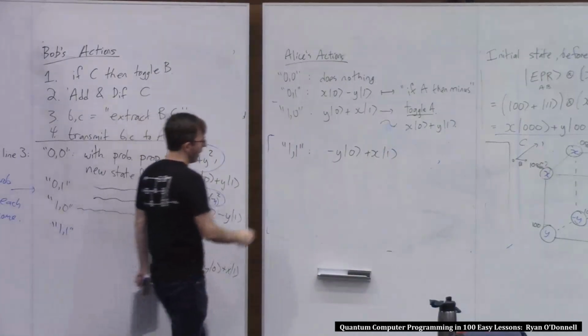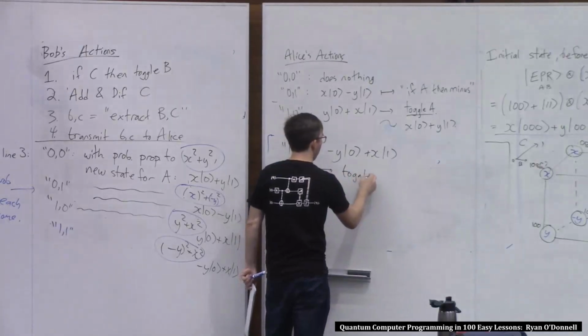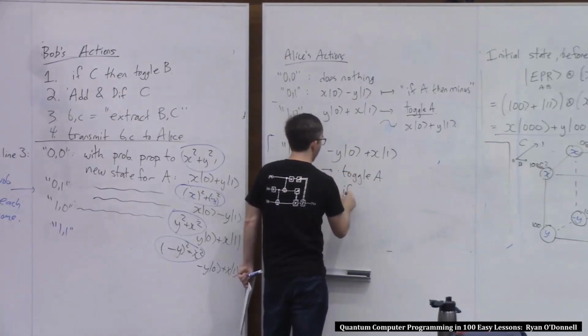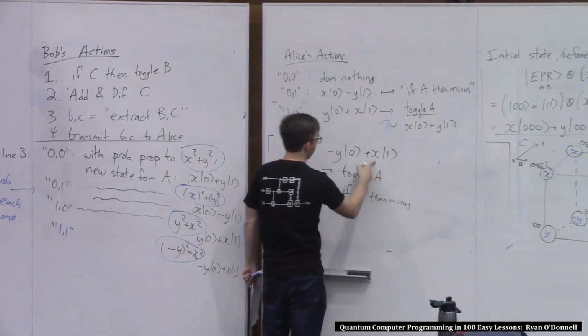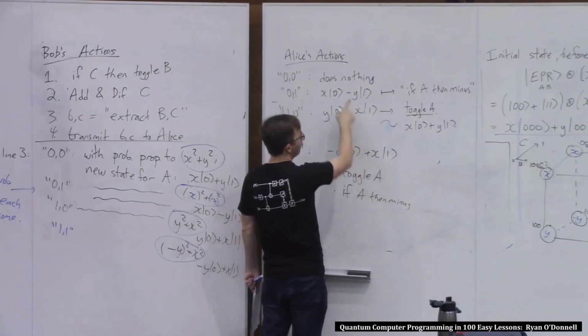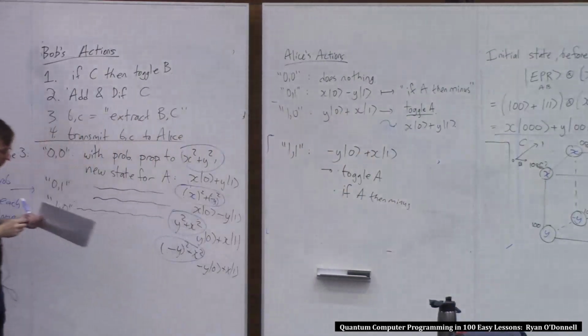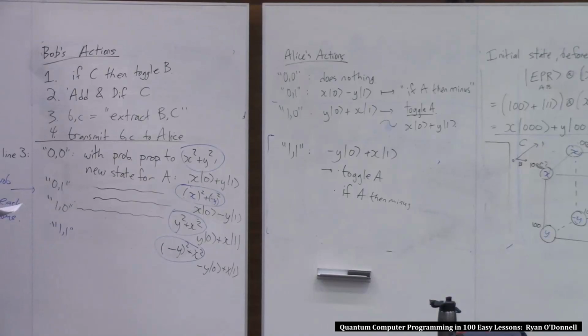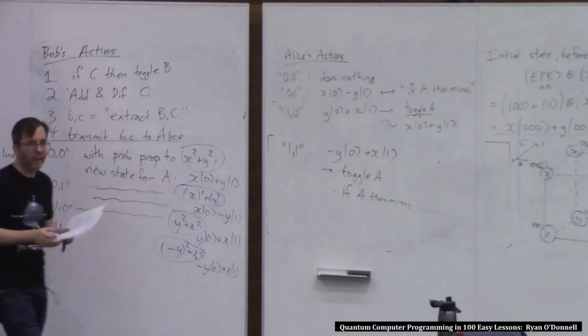In this case, she does toggle first, and then she does if A, then minus. By toggling, it puts the x here and the minus y here, and then this instruction fixes it up. All right, so that's it. That's quantum teleportation. Any questions?